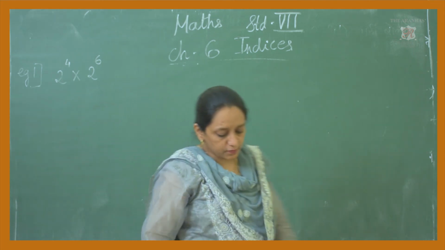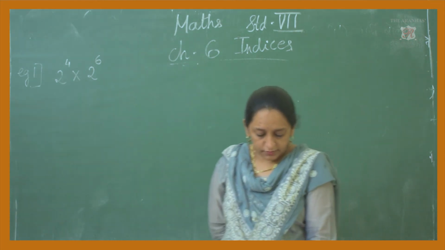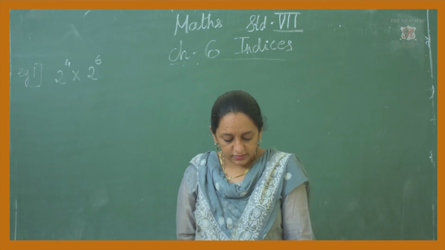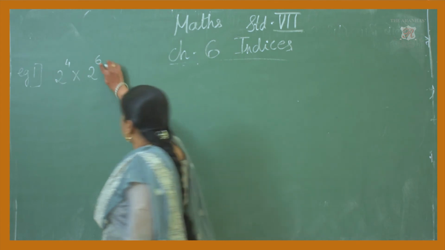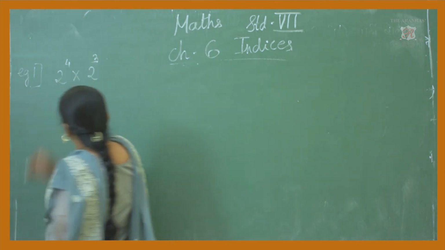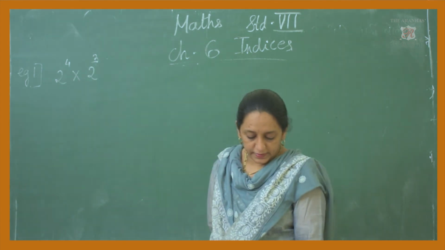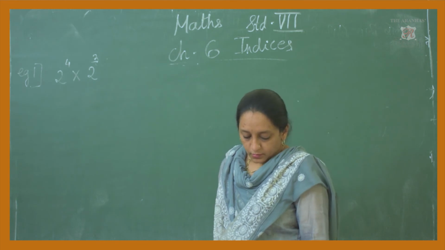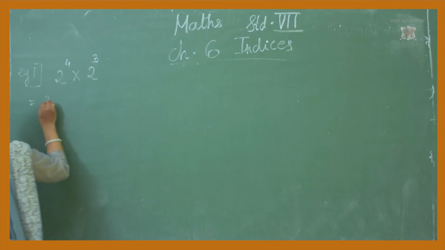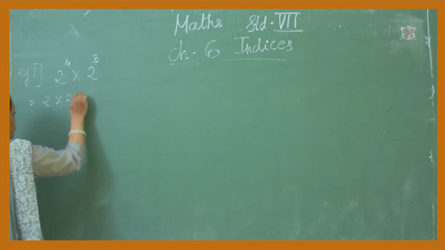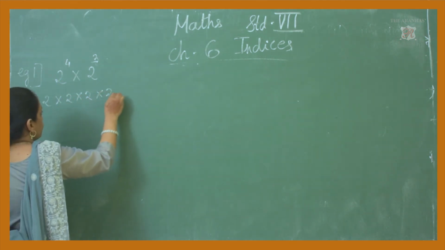Now how to do this type of sum? See, 2 raised to 4 means 2 is multiplied 4 times. In the textbook they have given the example 2 raised to 3. 2 will be multiplied 3 times. So we multiply by the given number of times. 2 raised to 4 is 2 into 2 into 2 into 2.